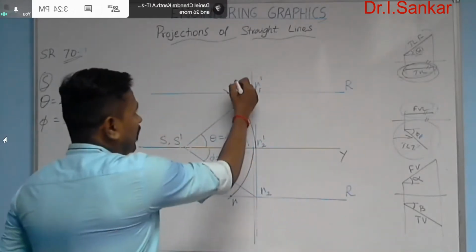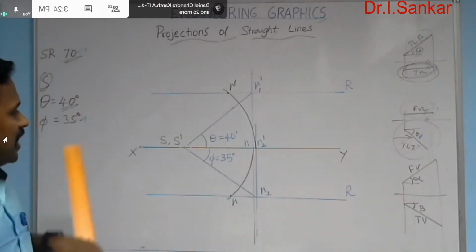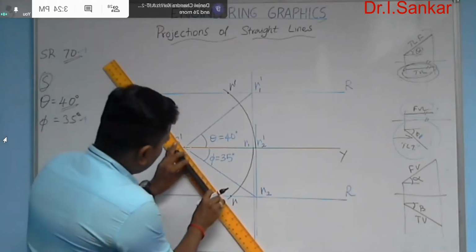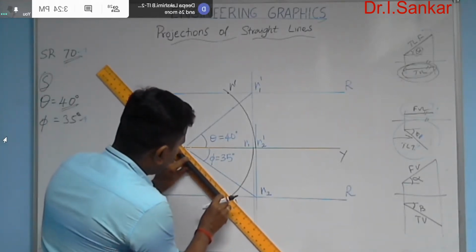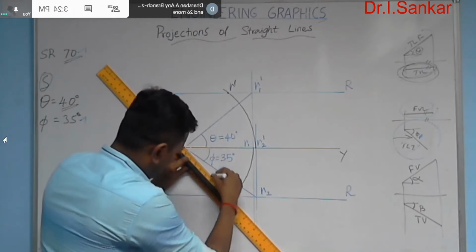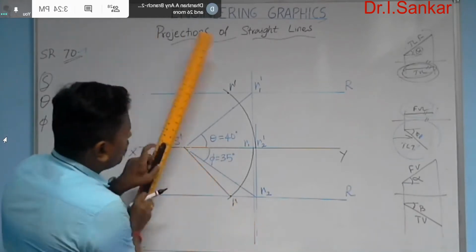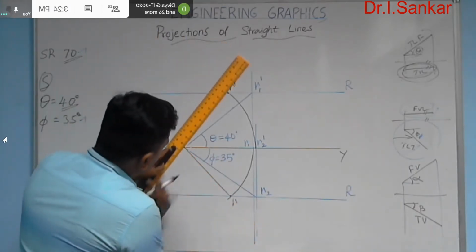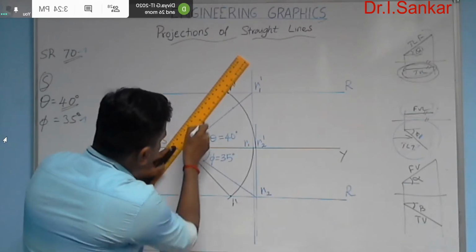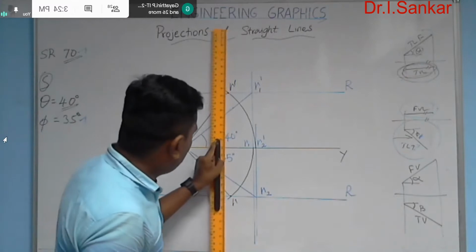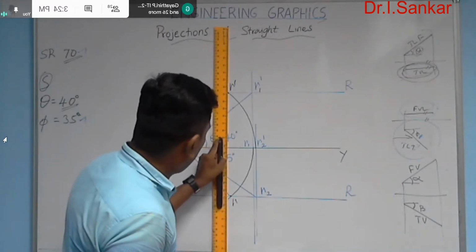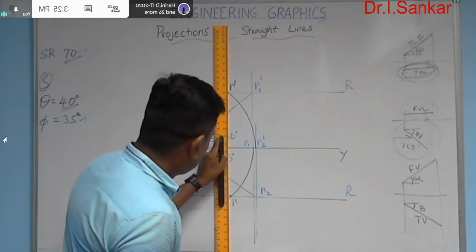Sorry, it is actually R dash. S dash R dash and S R. And if you draw the projector from R dash, this will reach R.